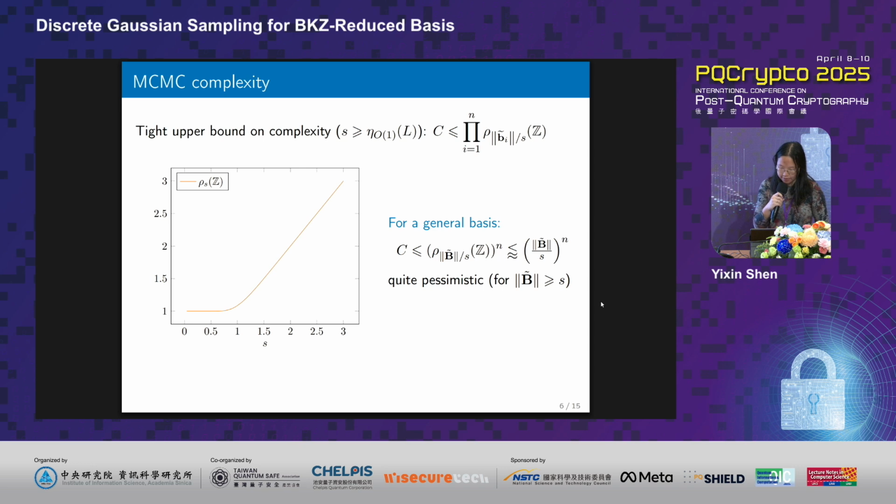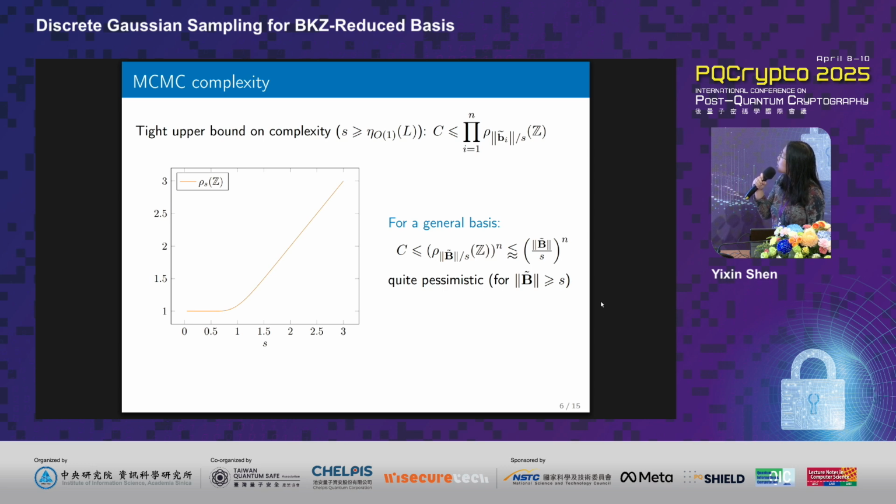And for S larger than 1, this function is very close to S. So imagine that we are in the case where the norm of B tilde is larger than S. Then for each term in the product, we can upper bound the norm of Bi tilde by the norm of B tilde, just by definition.